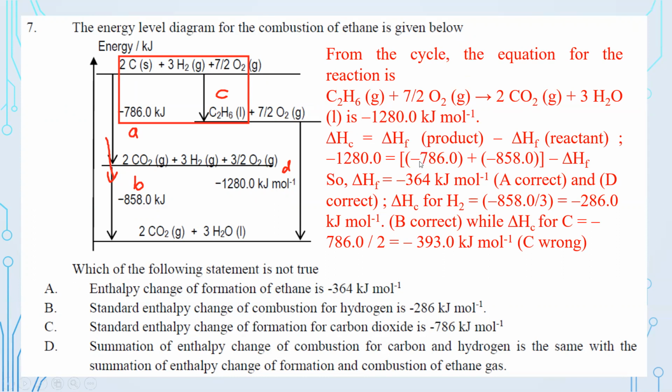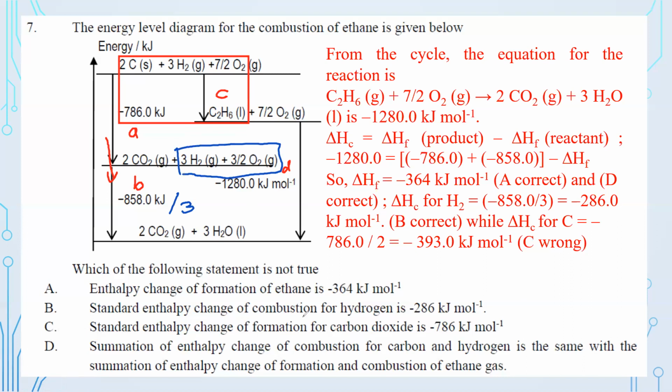So enthalpy change is negative 364, which is correct. A is correct. Okay, and then B, standard enthalpy change of combustion is negative 286. So which one is the enthalpy change of combustion? From here we can tell that enthalpy change of combustion for hydrogen is for this one. 3H2 plus 3 over 2 O2. So this one you divide by 3. Okay, so you get negative 286.